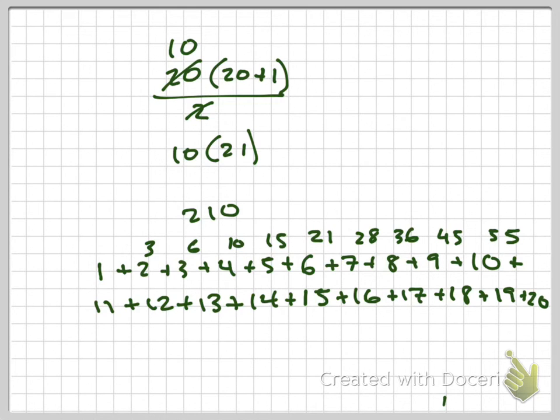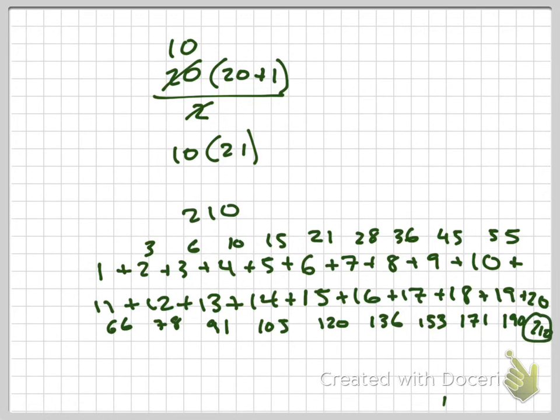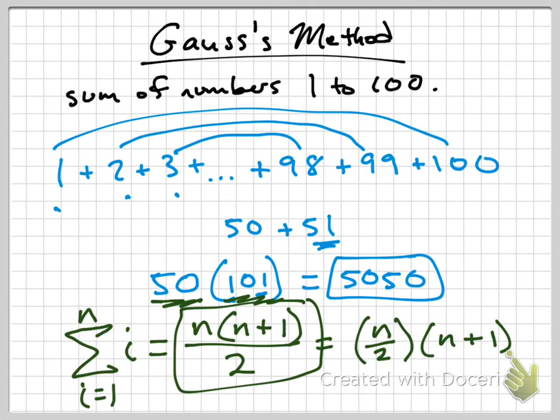Okay, 55 and 11 is 66, 78, 91, 105, 120, 136, 153, 171, 190, 210. Wow, it worked. We ended up at 210, just like Gauss's method.